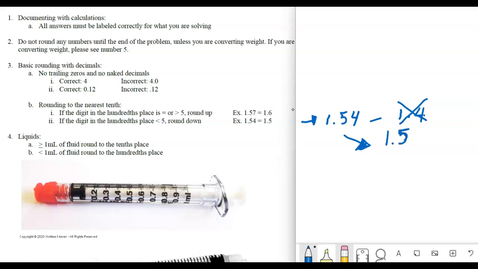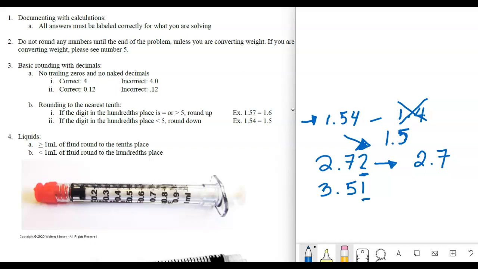Okay, so another example: 2.72. If you see here, this digit is less than 5. So if you want to round it to the tenths, we do this: 2.7. All right. Another example: 3.51.